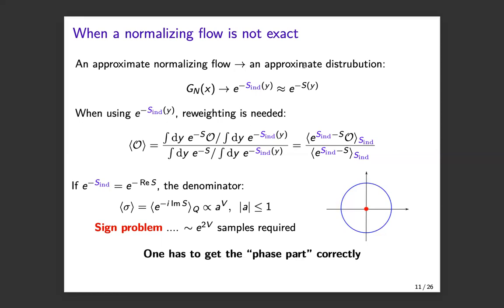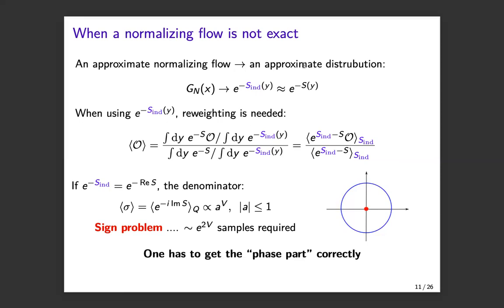Suppose I didn't do a good job in finding a normalizing flow, so that, for example, the distribution I get from this approximate normalizing flow only did a good job for the absolute value of this physical Boltzmann distribution function.